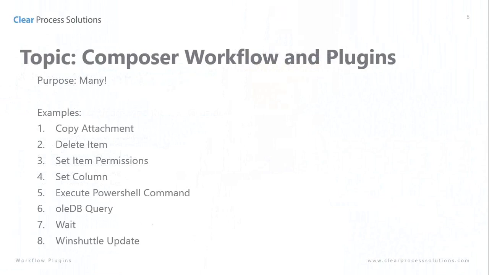Now, these are just a few of the plugins. There's a reference guide on Winshuttle's website if you'd like to review all of them, or you could just open up Composer and add a plugin to the workflow and see what they are, but there's quite a bit of options. These are just some of the ones that I see very often when we're developing workflows.